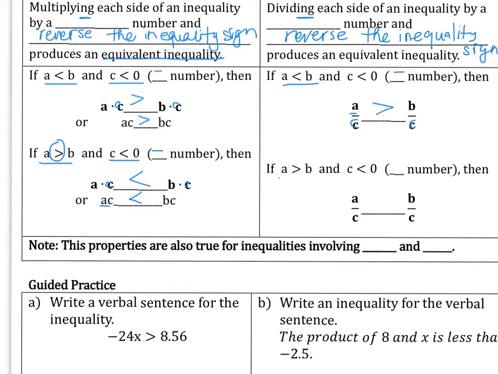And if A is greater than B and C is a negative number, and you divide this inequality by a negative number C, you need to reverse again the inequality sign. And note that these properties are also true for inequalities involving the greater than or equal sign and less than or equal sign.